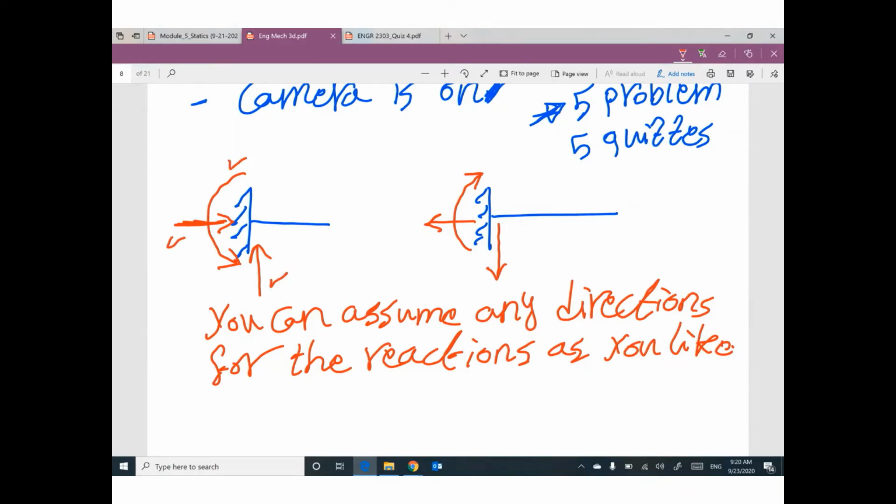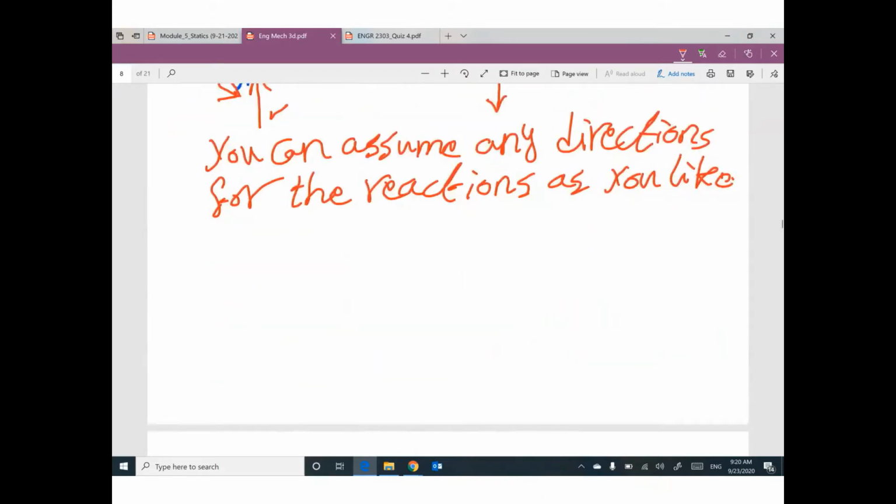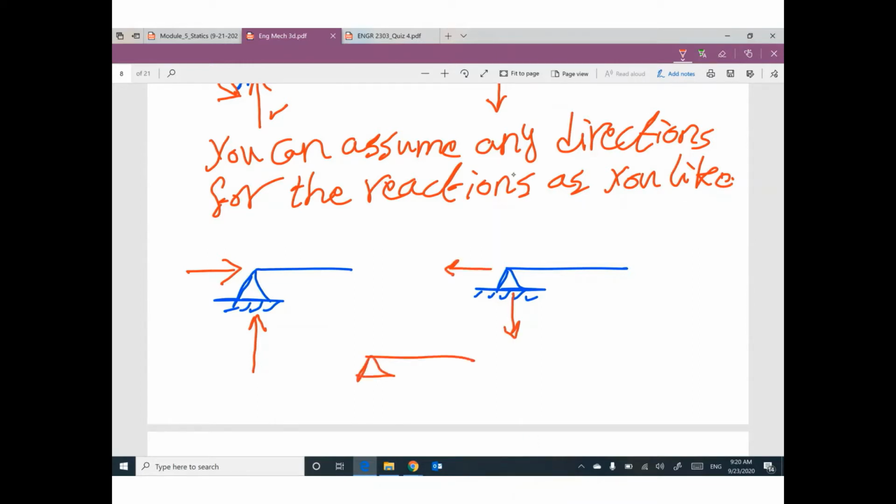The same, if we have a pin support like this, do you remember how many reactions? 2. 1 vertical and 1 horizontal. You can assume the vertical one like this, the horizontal one like this, or the vertical one is down and the horizontal one like this.